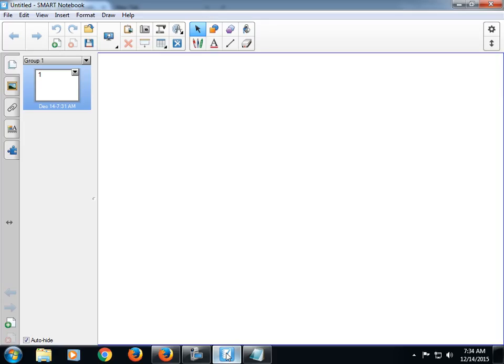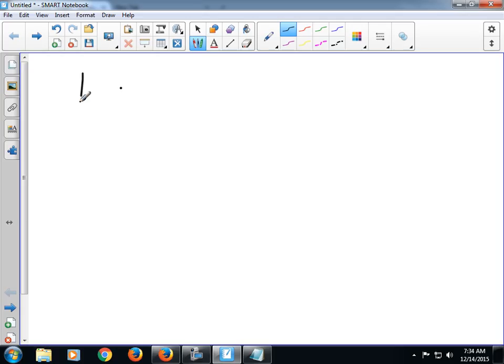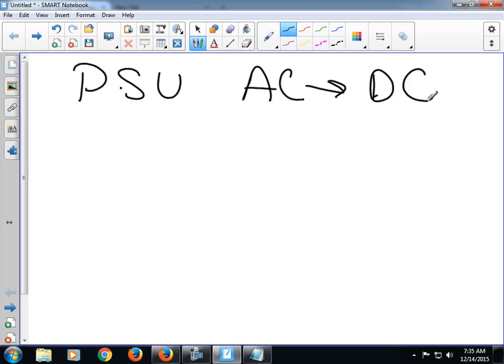right? The idea of that one was working your way out from, I need a power supply in order to transform AC to DC power, which we learn more about in chapter 3. I need a motherboard, because everything has to be connected to the motherboard for it to work.